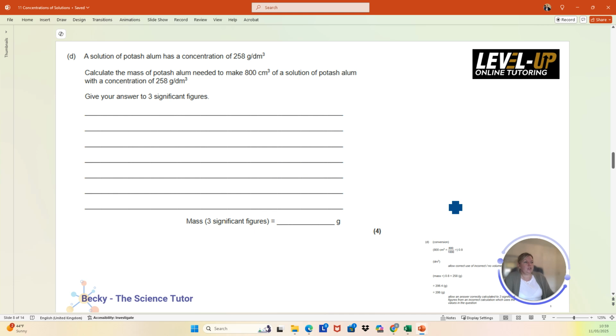So we need to calculate the mass of potash needed to make 800 centimetres cubed. So again, we've got a difference in units. So 800 divided by 1,000 is going to give us 0.8 decimetres cubed.